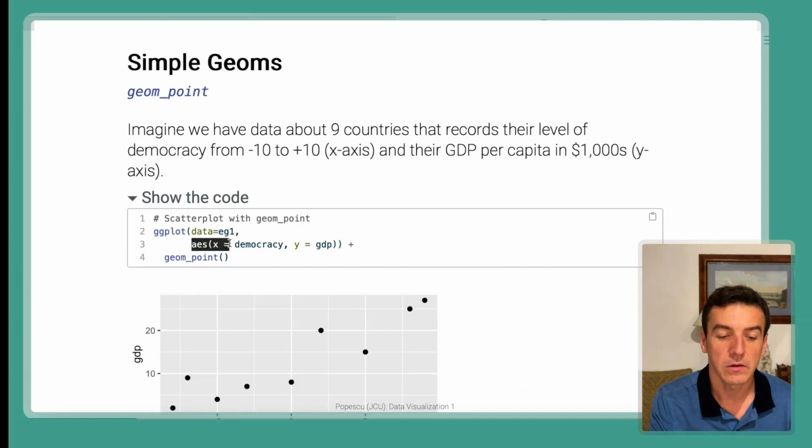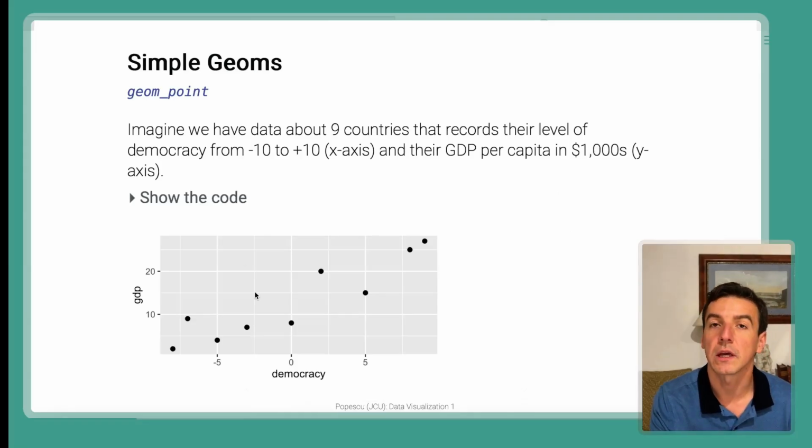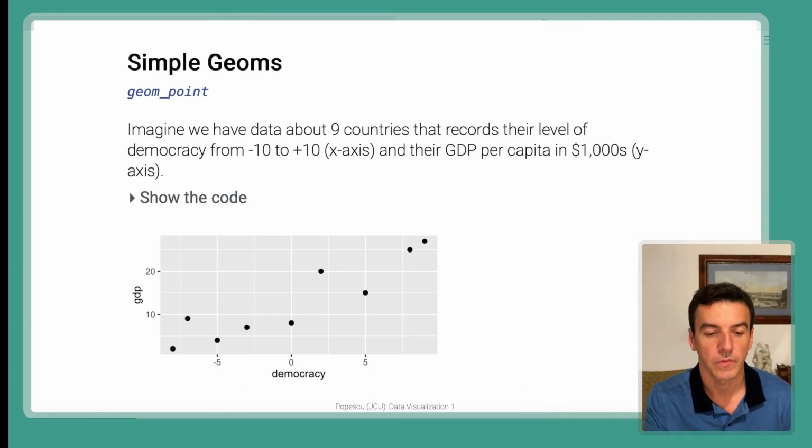And finally, we map the X and the Y. So in our case, the X is the level of democracy, and the Y is the GDP. Finally, to indicate that we want points, we have to add the plus sign here, and then add geom_point. So this is a good example of when we can use geom_point to show the relationship between 2 variables, in this case, democracy and GDP.